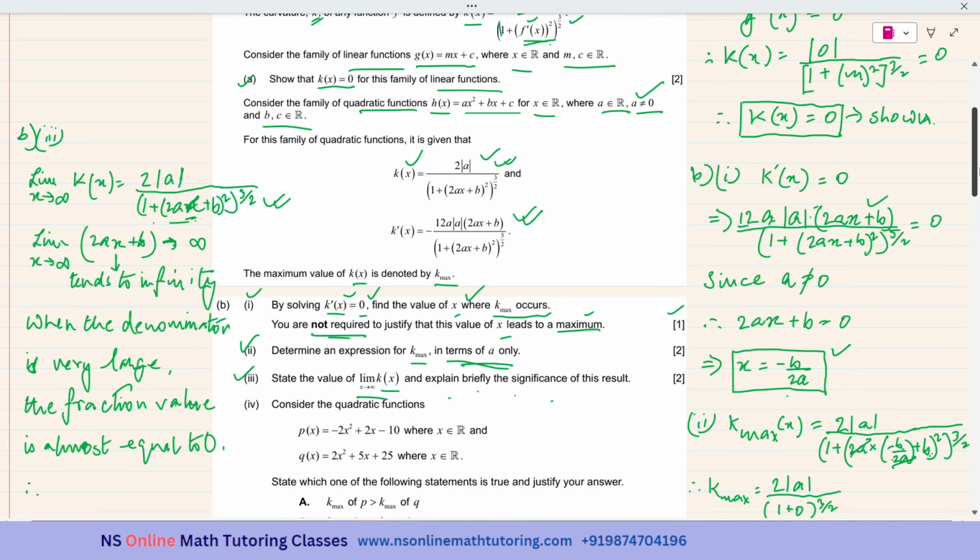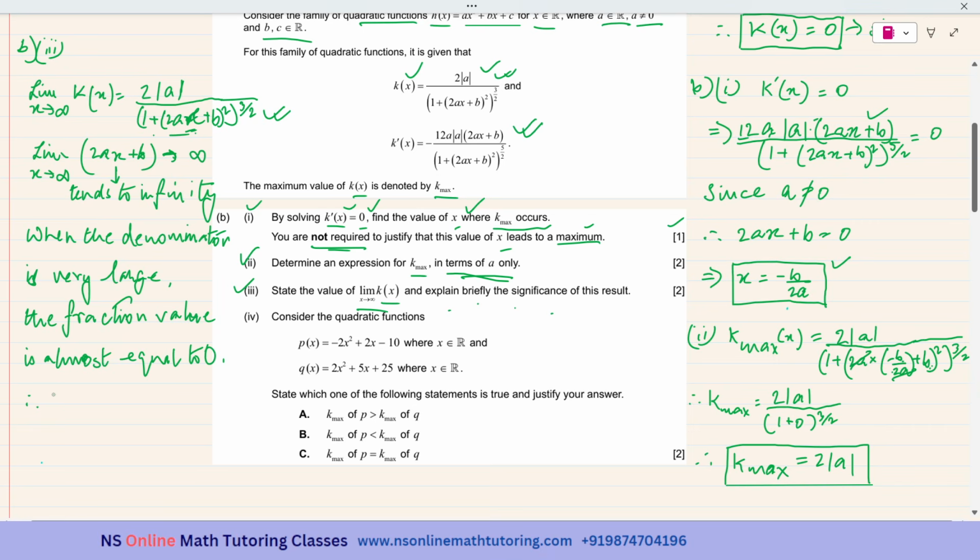Therefore, limit x tends to infinity, k of x is equal to 0. Okay, carrying 2 marks.